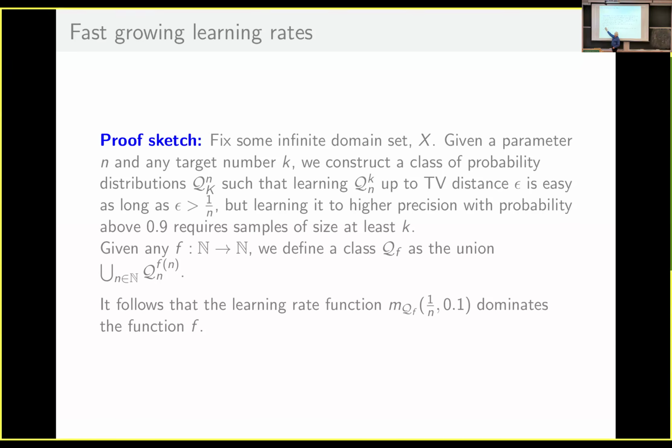So the complexity of this class will dominate f for every f, because we can play with these two parameters. So what we showed is that the class of learning rates of probability distributions is cofinal in n to the n. Therefore, it does not have a countable cofinality. Therefore, you cannot have a dimension that will upper bound every learning rate.